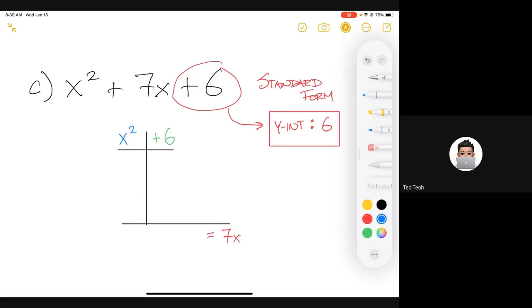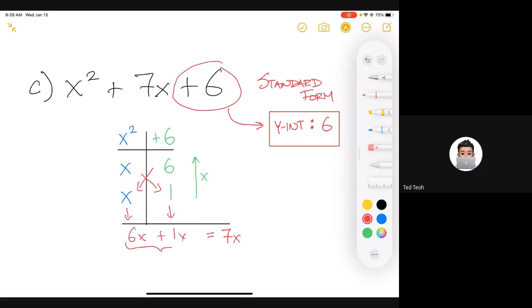I need to find 2 things that multiply to x squared. That's just going to be x and x. 2 things that multiply to +6. I have 2 options, 2 times 3 or 6 times 1. Hopefully you realize it's going to be 6 and 1. Now I just have to check by cross multiplying and writing the answers underneath.